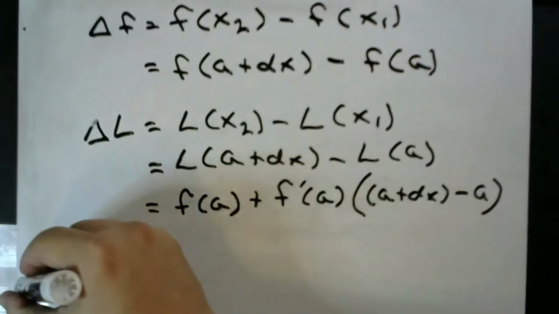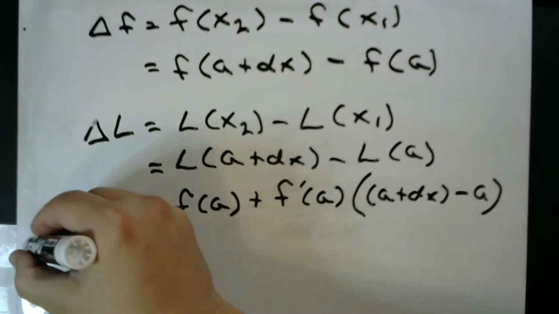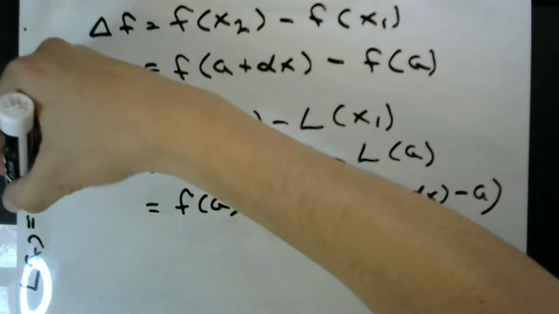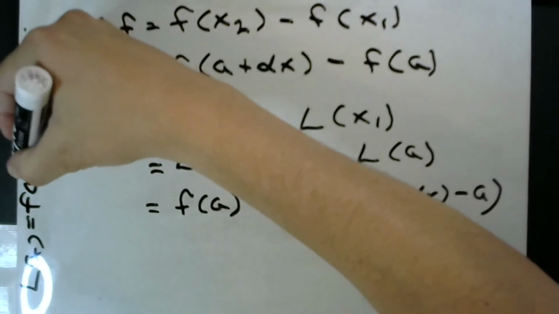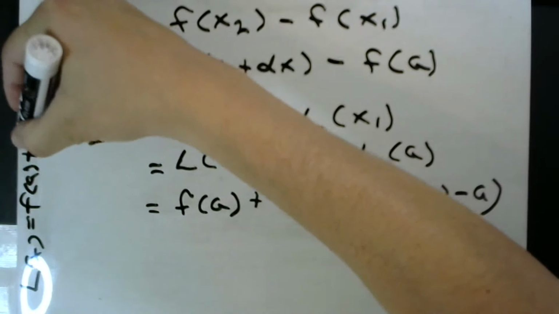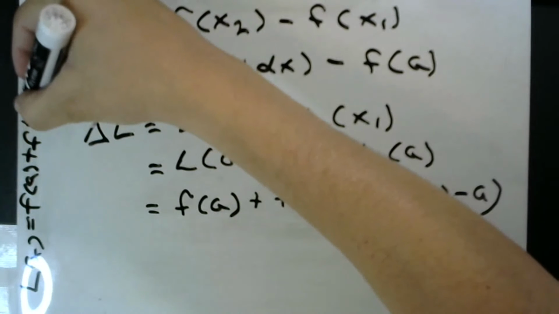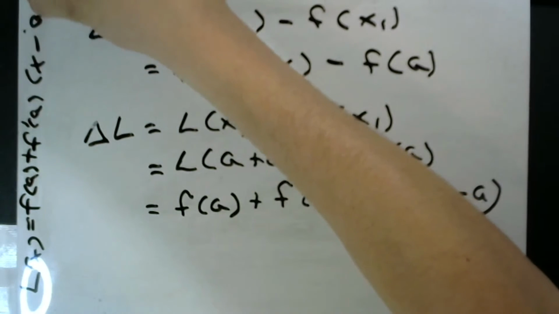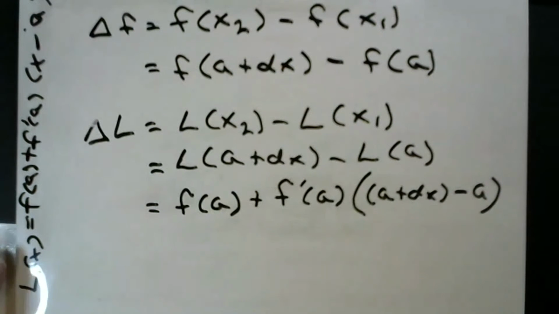Let me stretch down here. F of a plus f prime of a times x minus a. So this is the approximation when we're near x is a.